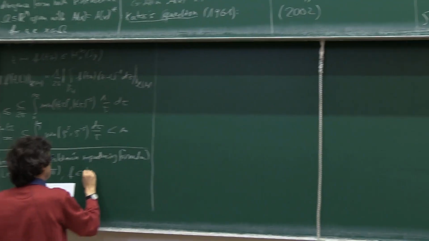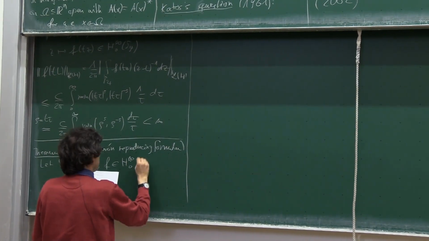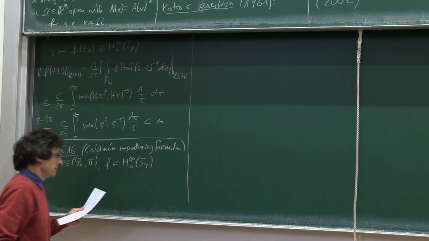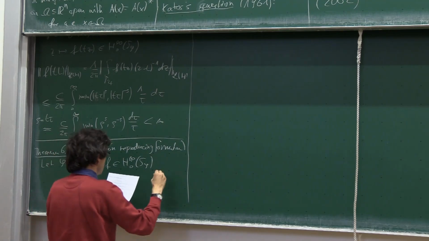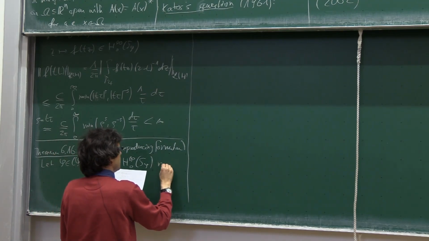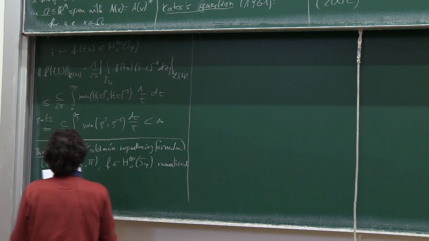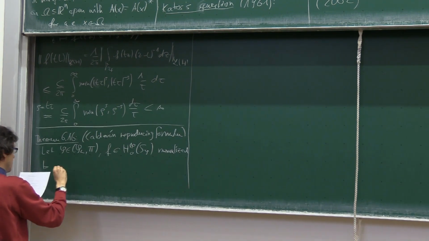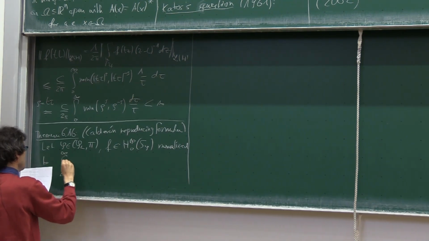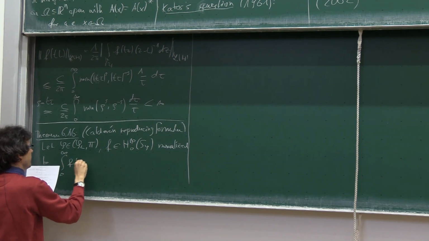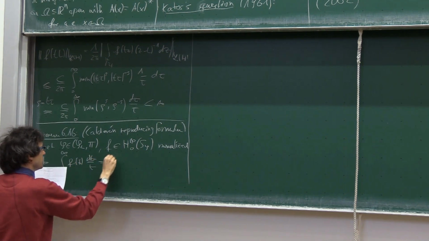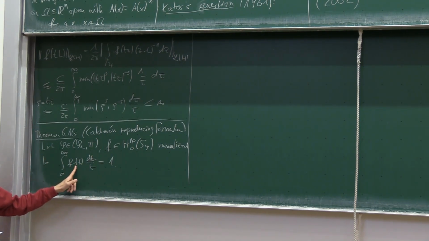And so what we need is again such a normalizing condition. So take a function that is regularly decaying on the sector, and again normalize its integral against the Haar measure to 1. So we take a function that is normalized to integral 0 to infinity of f of t dt over t is 1. Note by the decay of f, this is an absolutely convergent integral.